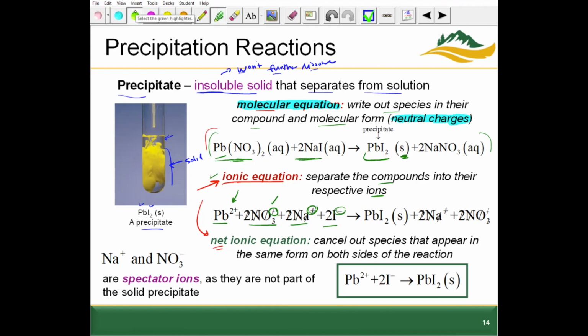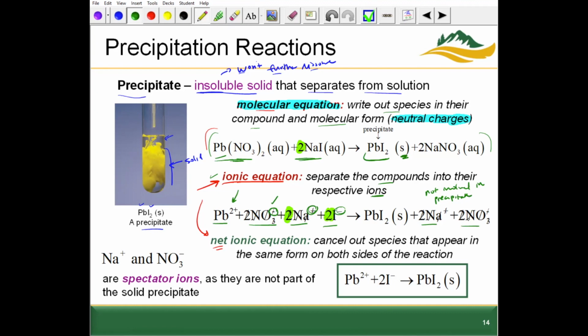One important detail here is for this to be balanced, we had 2 Na and 2 I. So notice this coefficient of 2 for the Na and 2 for I. Then on this side, we still have the ions that are present. These are the ions that are not involved in forming the precipitate.